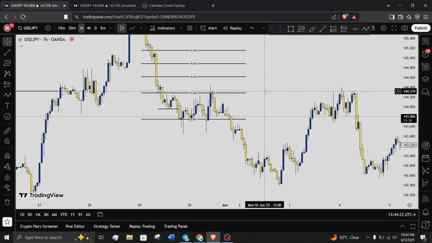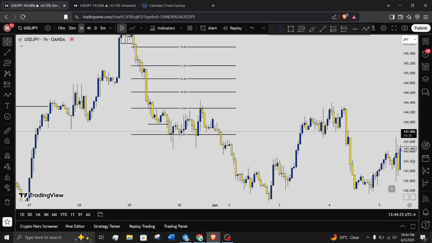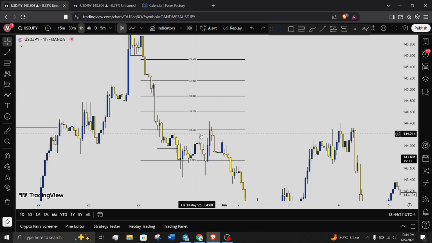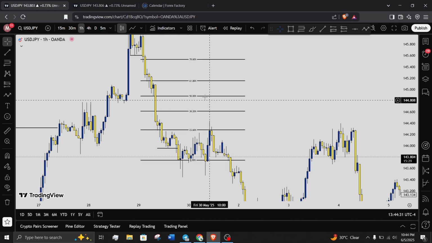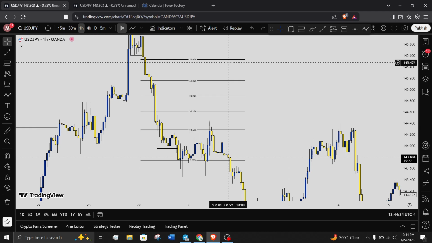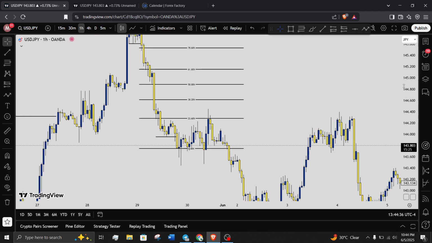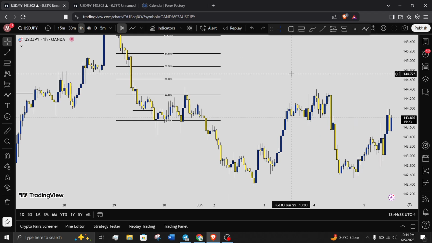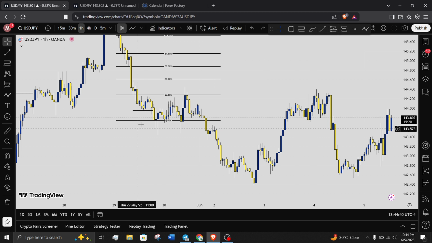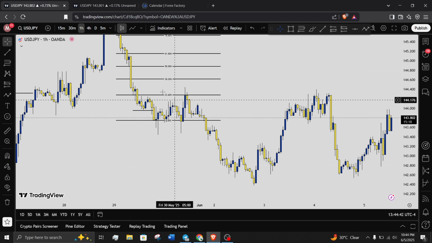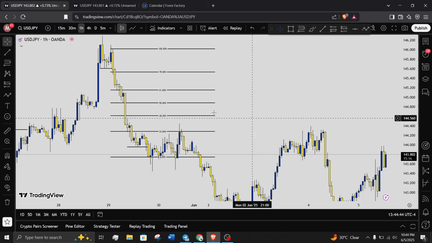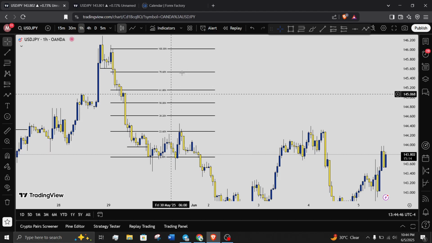Now what we need to do is look for setups. I told you to look for setups in these 23.6, 38.2, 61.8 and 78.6 zones. Now how you can enter right here, you wait for candles to consolidate in these zones, and if not, then in between these two zones.